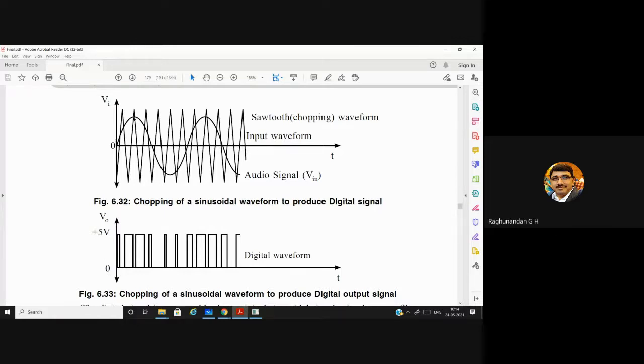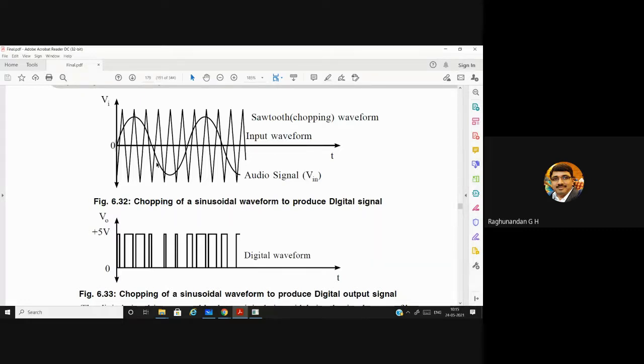Now again, in the next case, in a small duration, the sawtooth overtakes the sinusoidal, so again it will be 0. Again the sinusoidal waveform increases beyond the chopping waveform, so for this particular time duration, you are going to get a pulse.